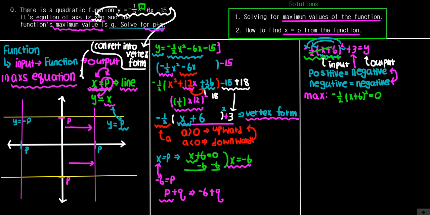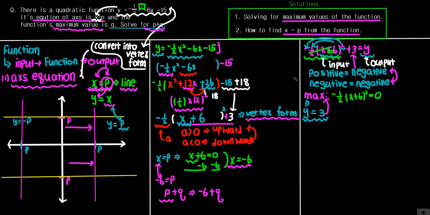And if this turns out to be 0, the output of our function, which is y, and y will also be our maximum point, will be just positive 3. And our positive 3 is the maximum point of our function. This is the way we figure out the maximum point.